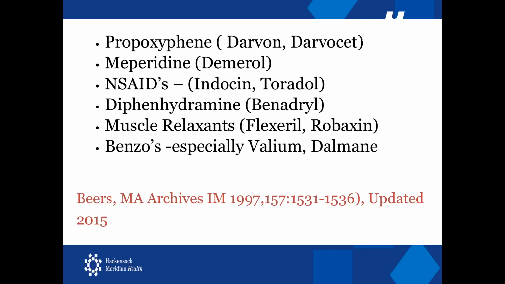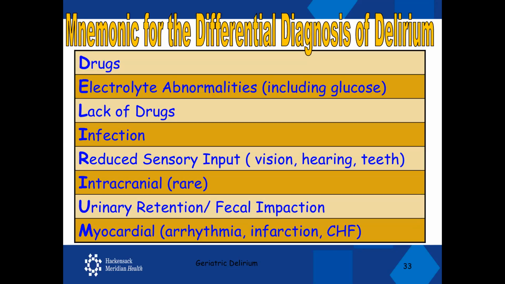So it is a very long list, and that's why I use it quite often when I have a consult, but I'm not sure if this medication is causing it, it is good to check across the Beers list. So I like using this mnemonic because it's easy to remember. It is delirium.